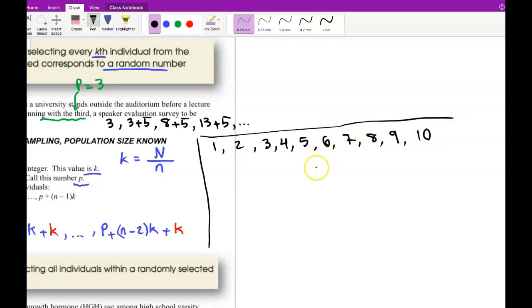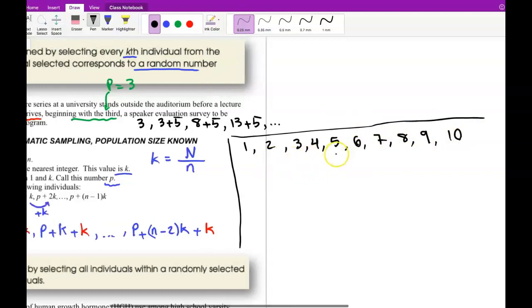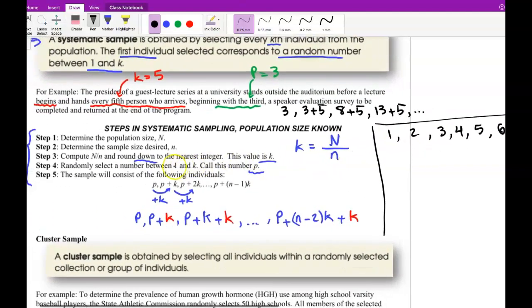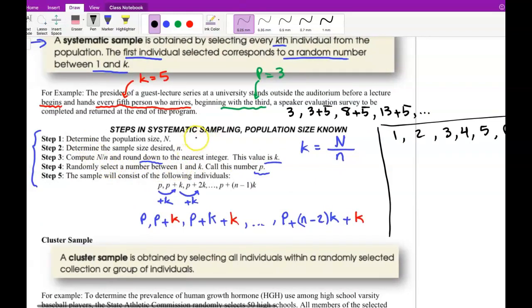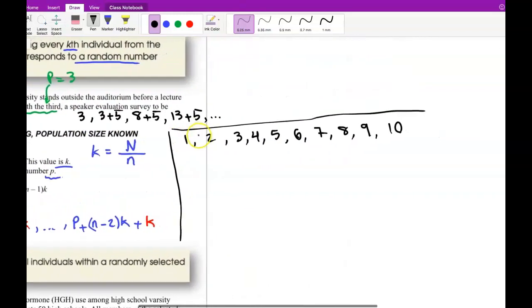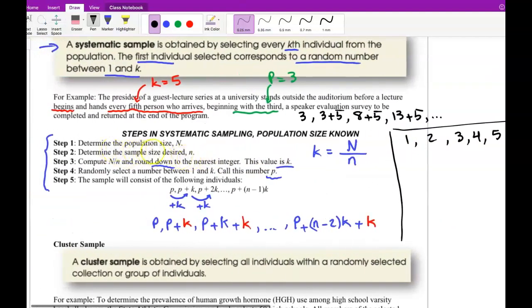Then I want to select our sample from this part using these steps. So use systematic sampling.